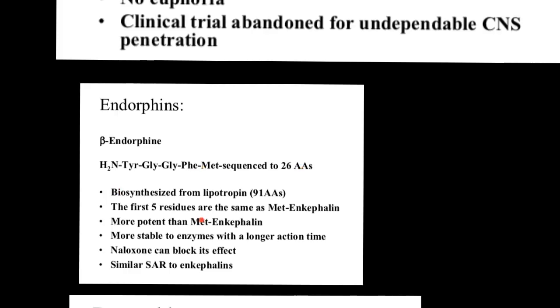This is biosynthesized from lipotropin, which is 91 amino acids. This is pretty much the same as your metenkephalin. So metenkephalin is your enkephalin, which is tyrosine, glycine, phenylalanine, and your methionine group attached. These are more potent, however, than your metenkephalins, and these are more stable to enzymes with longer action times, similar SAR to enkephalins.